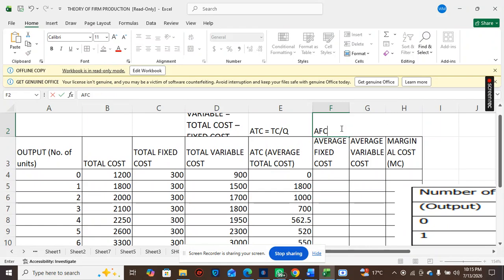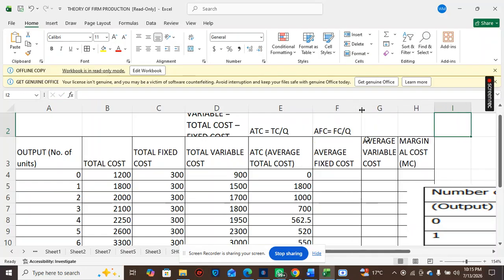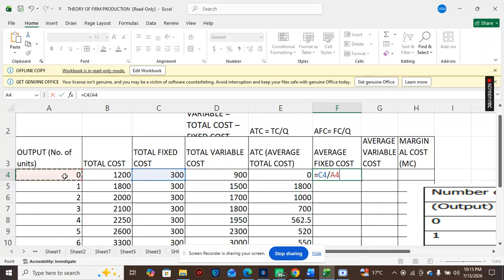Okay. Average fixed cost is your fixed cost divided by quantity. Okay, colleagues, fixed cost divided by quantity. So here, when you produce 0 units, fixed cost is 300, so 300 divided by 0 is 0.